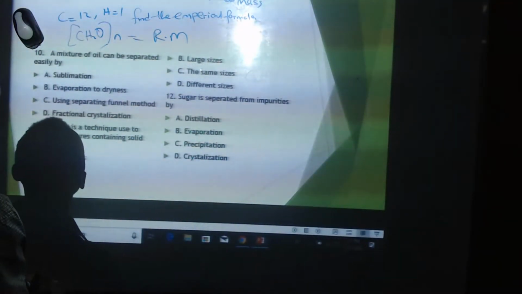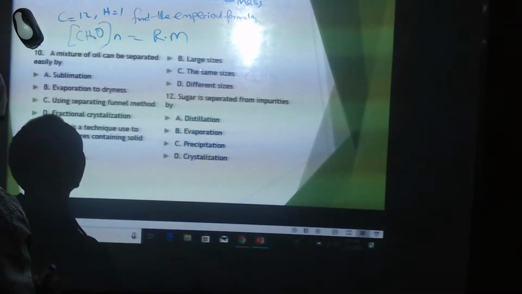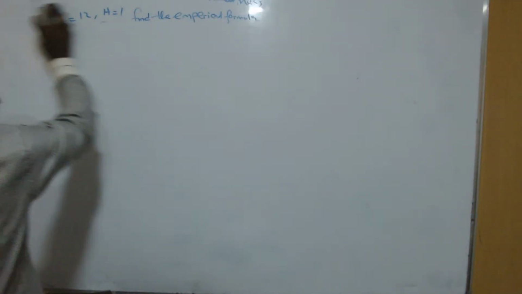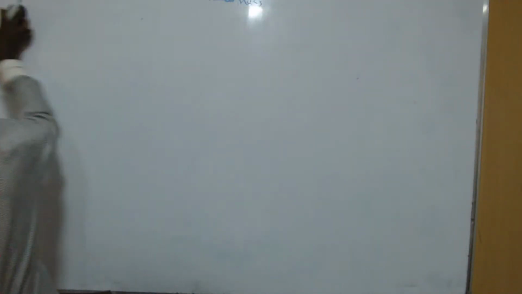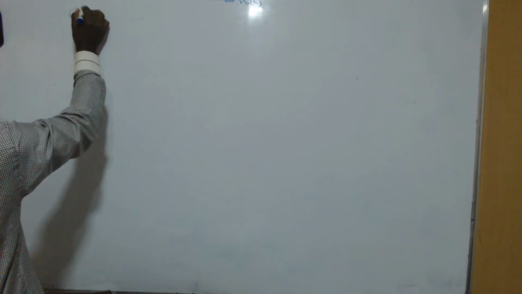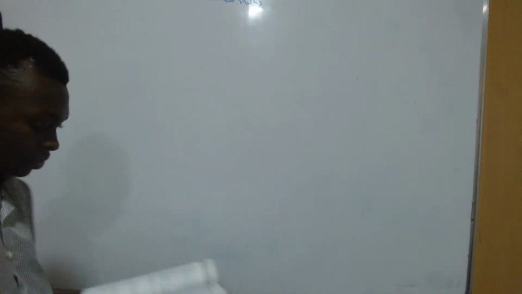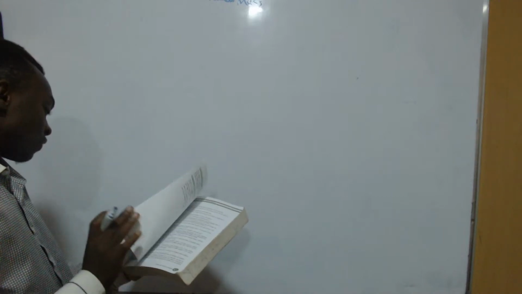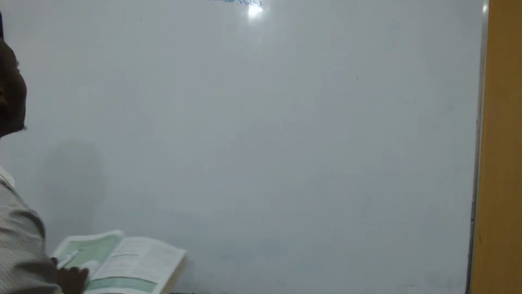Now, if finding your molecular formula this time around, it's going to be twice. It's going to actually give me twice of your relative molecular mass.